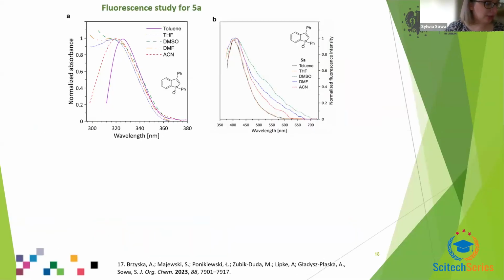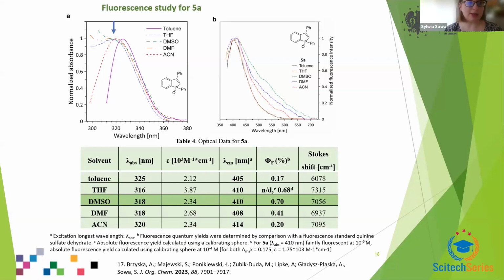Then we go to the spectroscopic data, and we tested all optical properties for each compound separately. For 5A, the 3-phenyl benzophosphole oxide, changes in the absorption band in polar solvents are subtle, between 316 and 320, but in less polar toluene, a bathochromic shift of the absorption band is observed to 322-325.